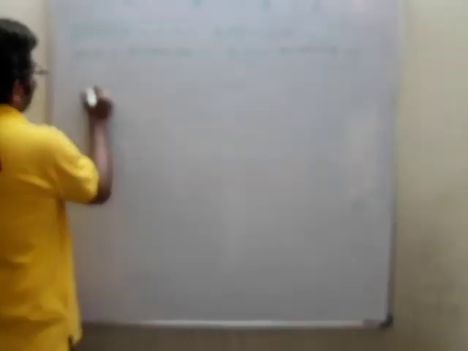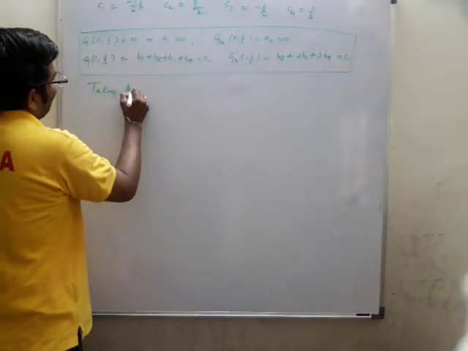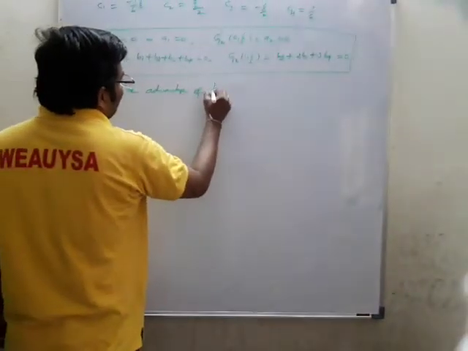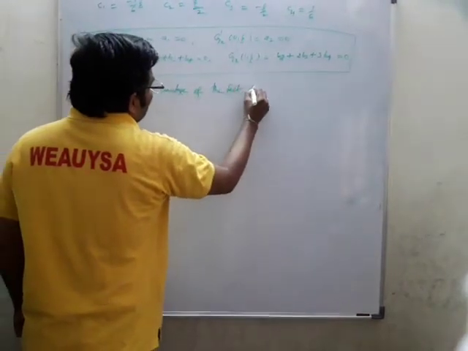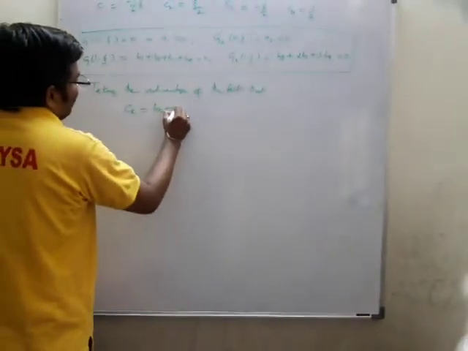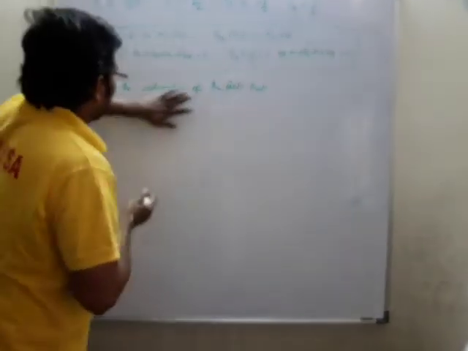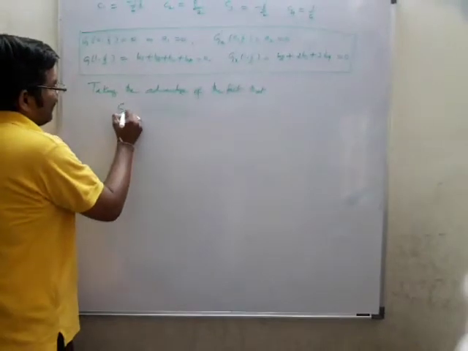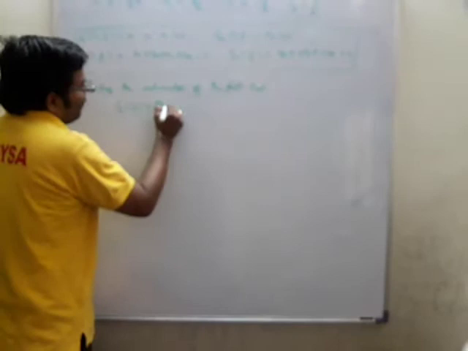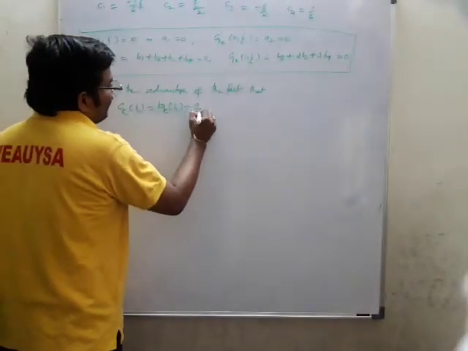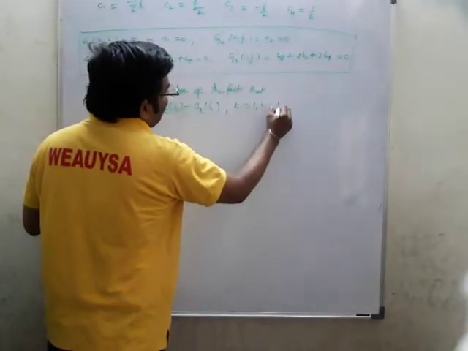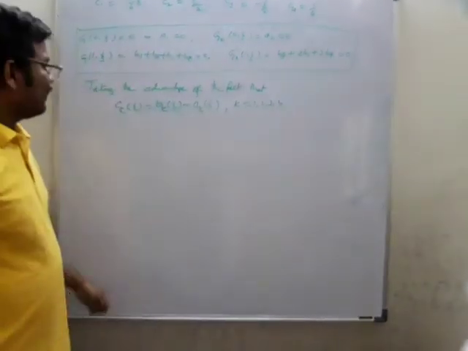So, taking advantage of the fact that Ck is equal to Bk minus Ak, or you can write it as Ck of xi is equal to Bk of xi minus Ak of xi, where k equals 1, 2, 3 and 4.